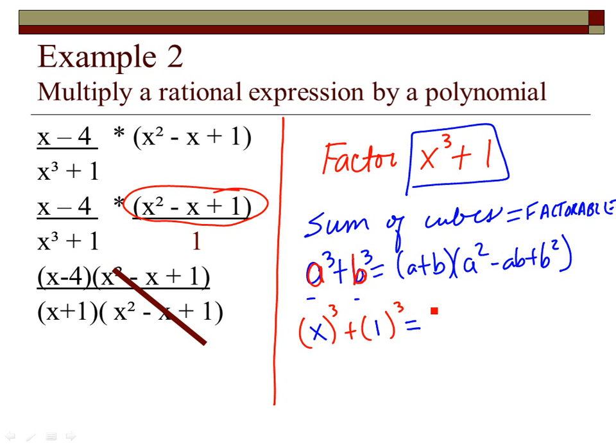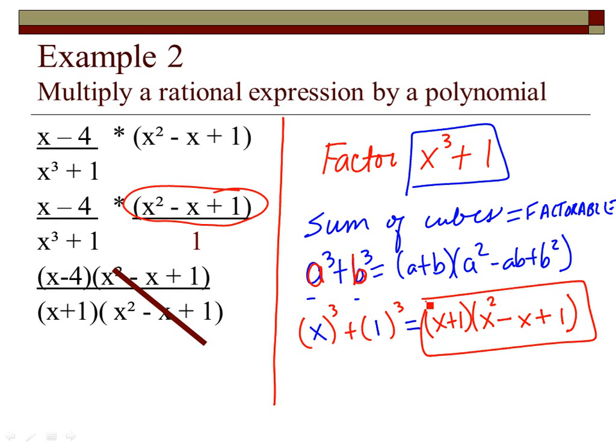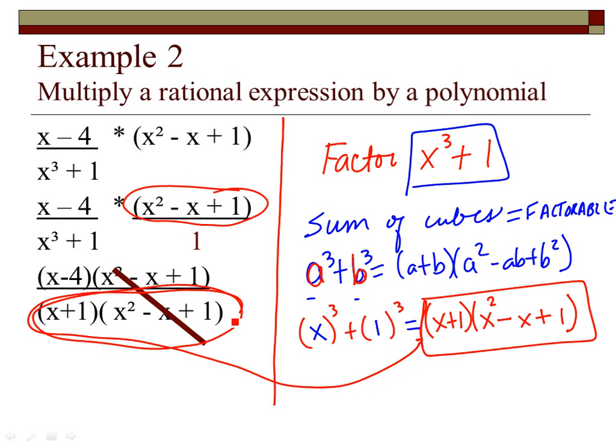So now that we know A is x and B is 1, we can just replace the A's with x's and the B's with 1's. So here is the complete factorization for x cubed plus 1, and this is where this came from. See that? So that needed to be explained.